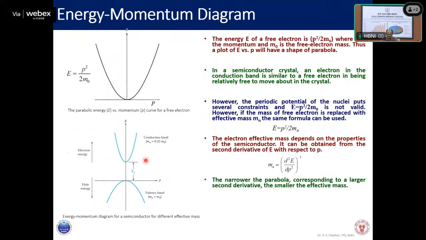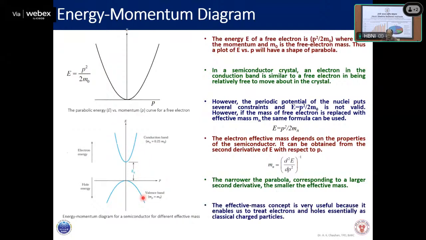The narrower the parabola, the larger the second derivative, because the curve is very steep. Therefore, when the parabola is narrow, the effective mass will be small.